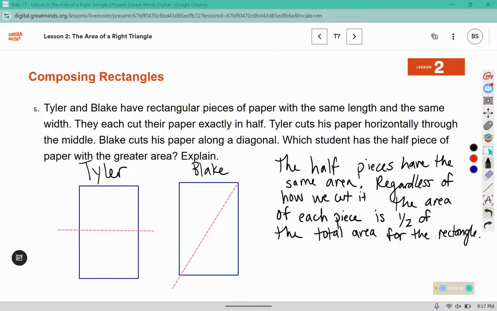Since their rectangles were identical, half of their rectangles will be identical as well for the area, even though they've cut them in different ways.